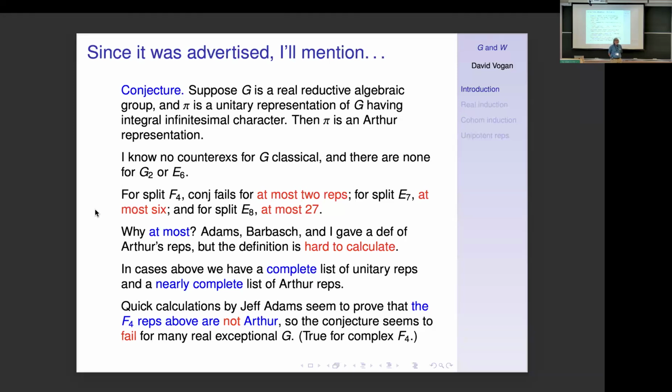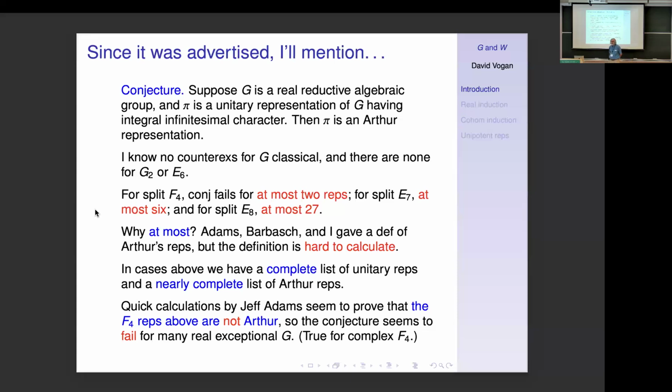Sorry, but this wants me to a question I will say for the end. Doesn't Arthur tell you exactly, if you assume everything about the trace formula, what the local Arthur packets should be? No. I mean, yes, in the case of classical groups, but certainly no in the case of exceptional groups.